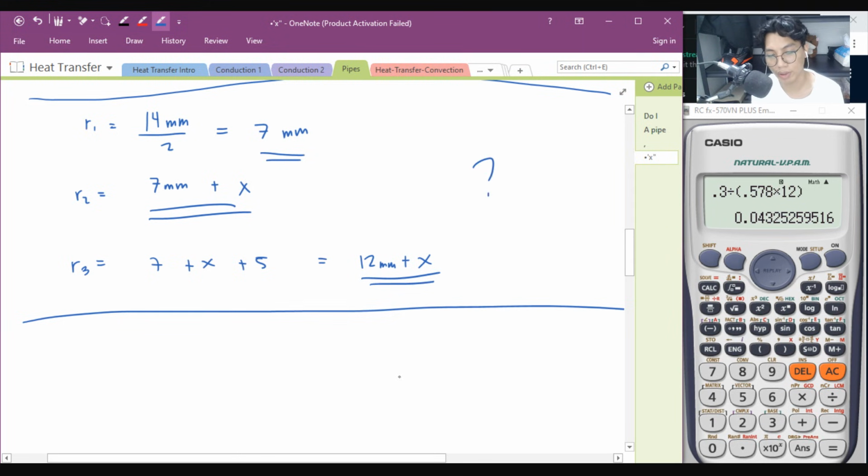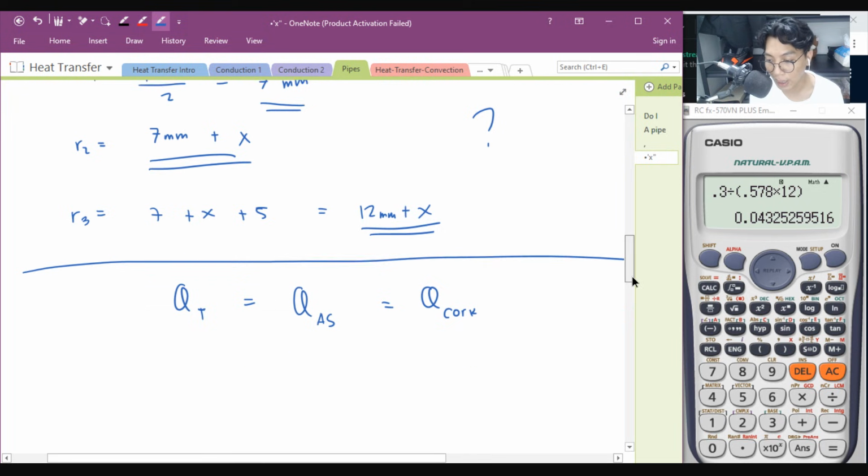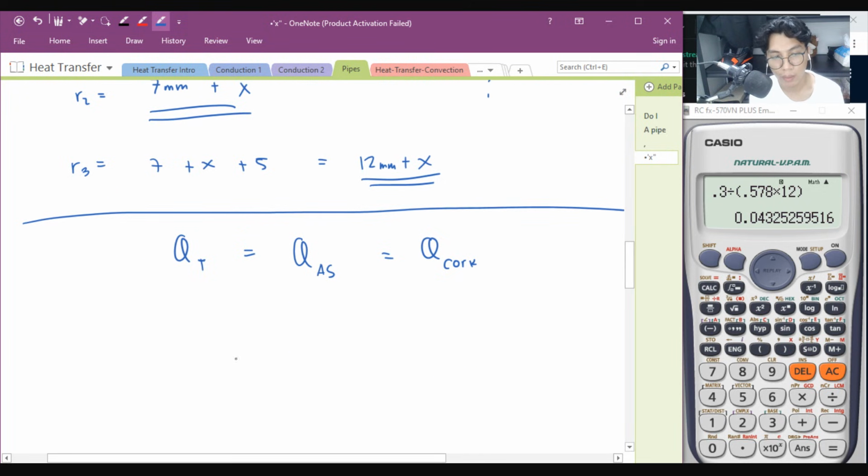This is the question. So, we can say that the total heat resistance is equal throughout the system by steady state flow. So, Q nung sa asbestos is equal to the Q ng quark. So, individual ang gagawin natin. We are given a total, sa inside, sa pipe, that is Q is 900 watts. Okay?